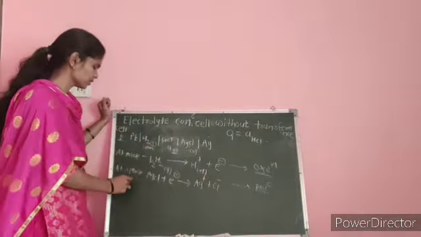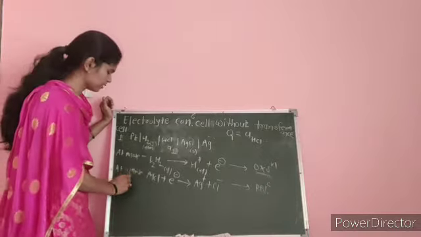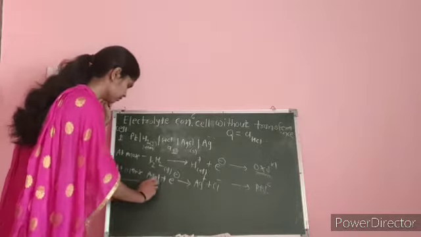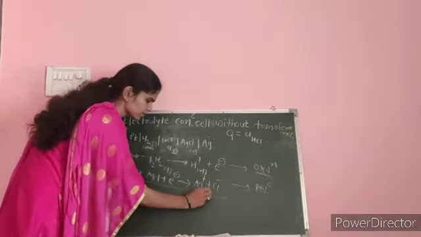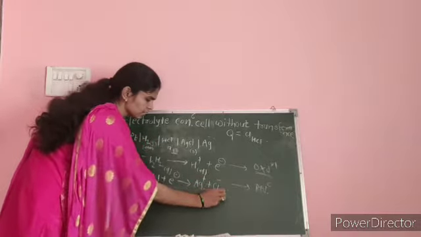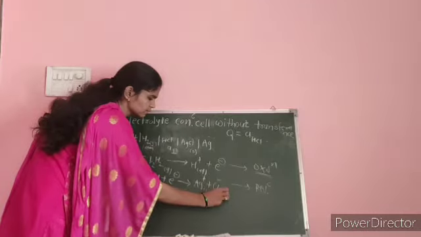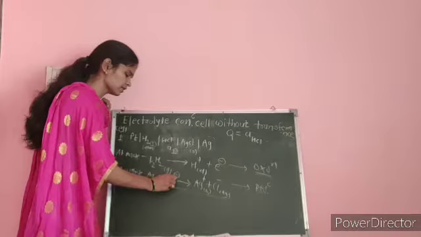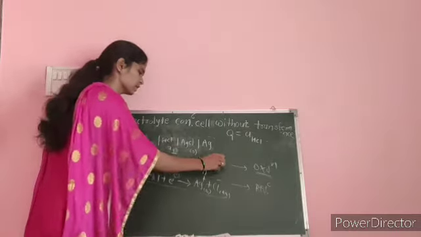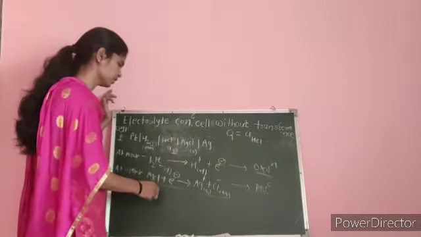From these two reactions, we can write the net cell reaction. Here Ag is the solid electrode and the ions are aqueous. In this reaction, the electron gets cancelled.